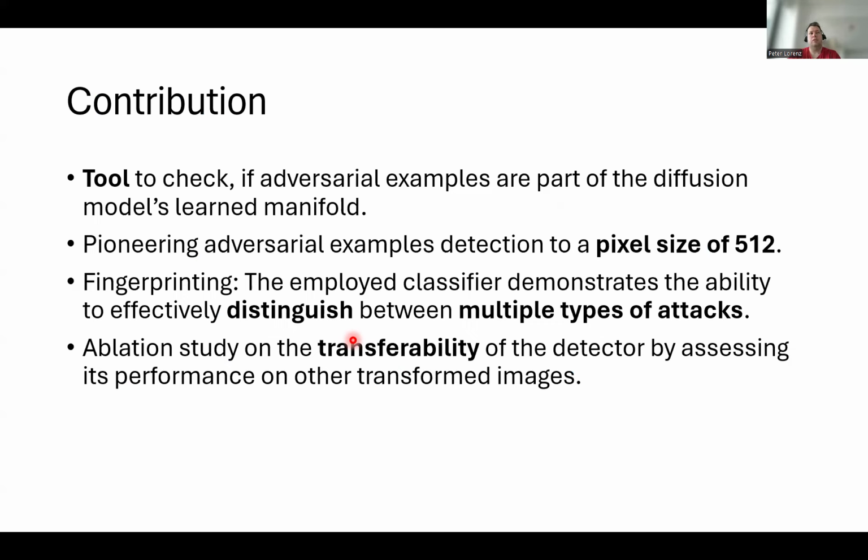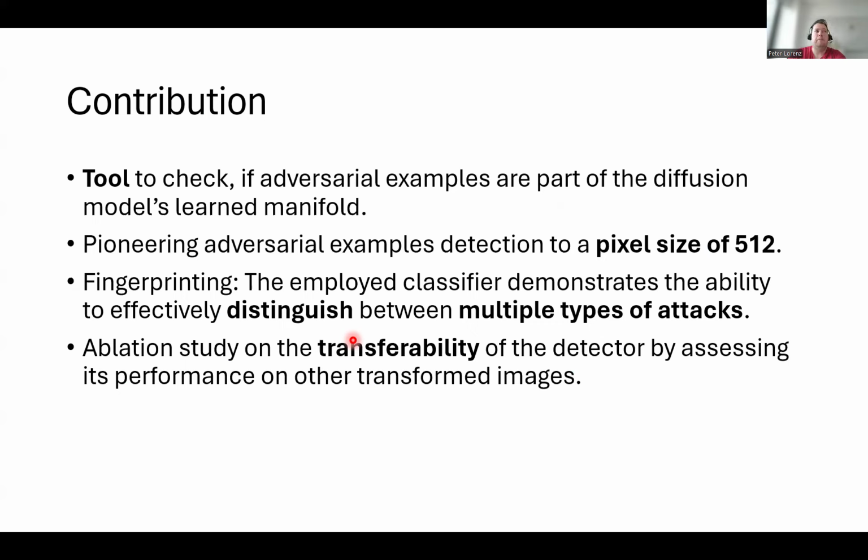Next, we want to know if there are fingerprints after the transformation. Adversarial examples are not generated by only one attack method. There are different attack methods which generate different types of adversarial examples, and we want to know if we can distinguish between them.